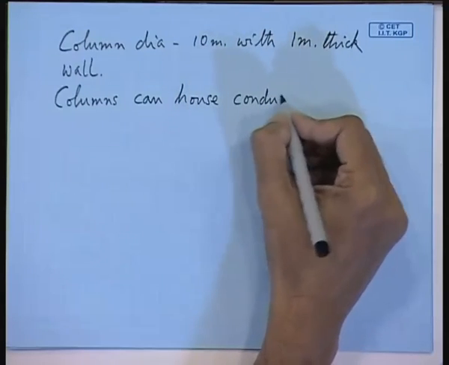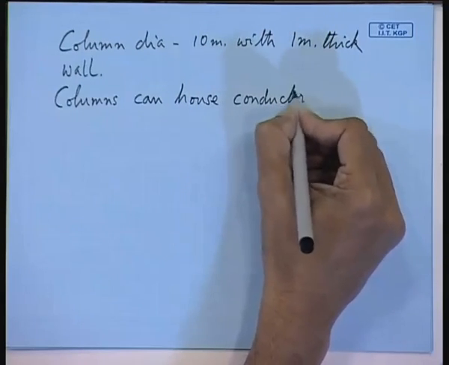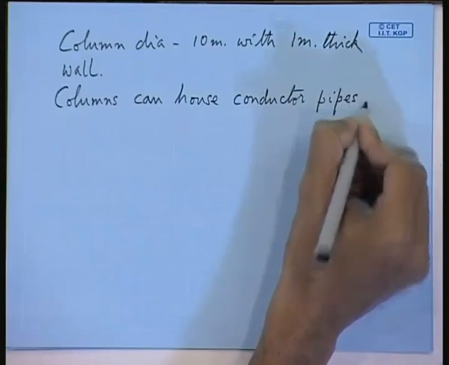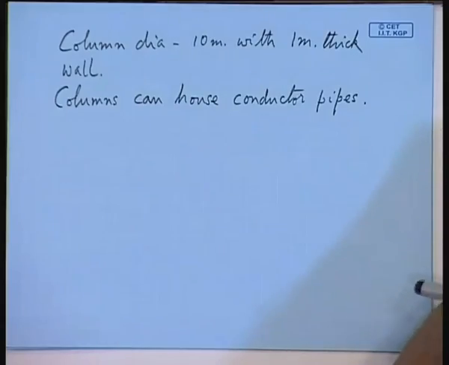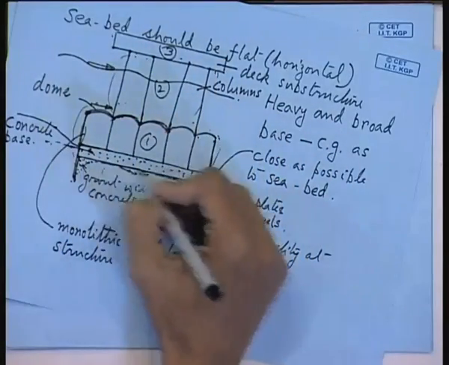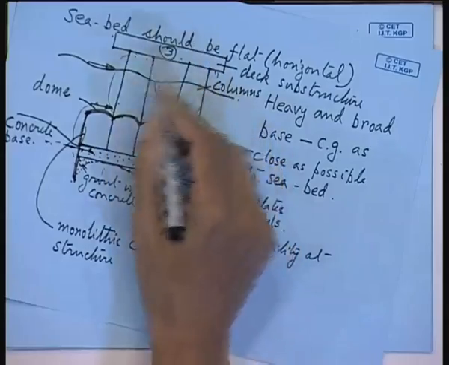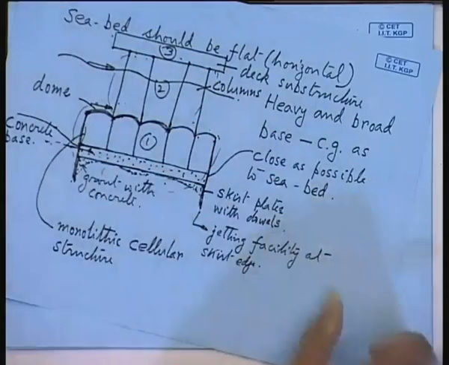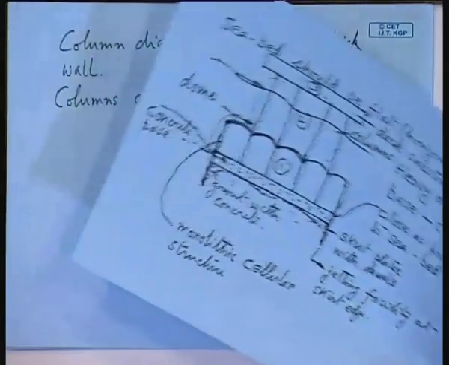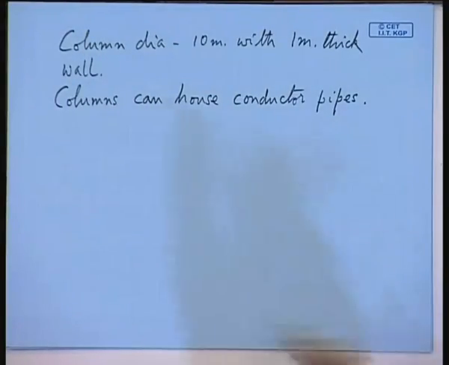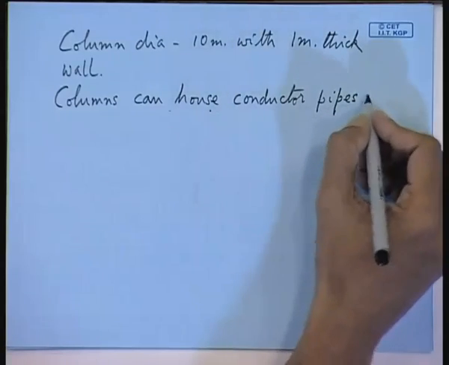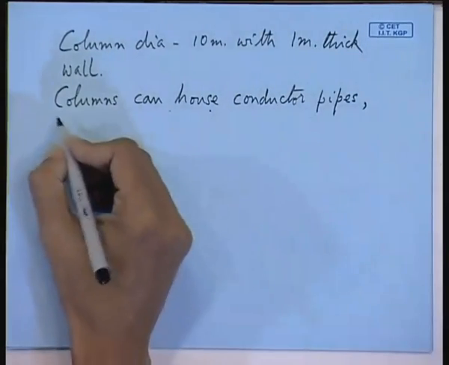That is why you do not store anything out here. This is one function of the column. All your conductor pipes are protected from the sea, because they are led through these columns onto the top of the platform. This is one advantage you are getting over the jacket platform. In a jacket platform, the conductor pipes are exposed. So columns can house conductor pipes, and then you can also house pumps.